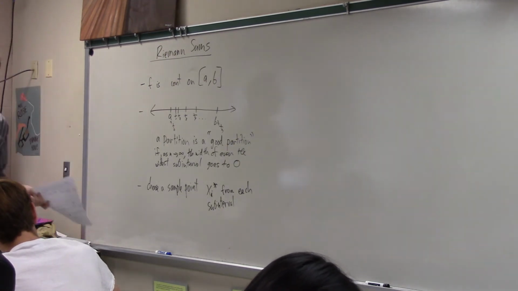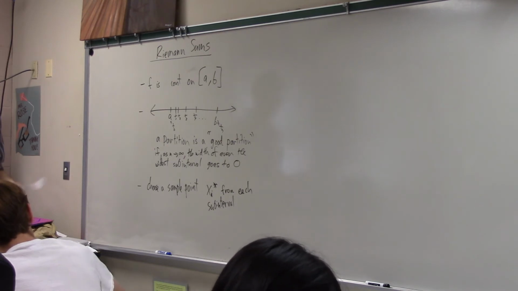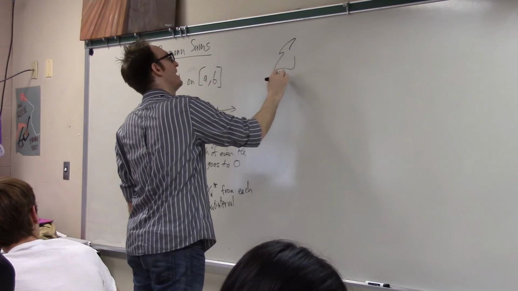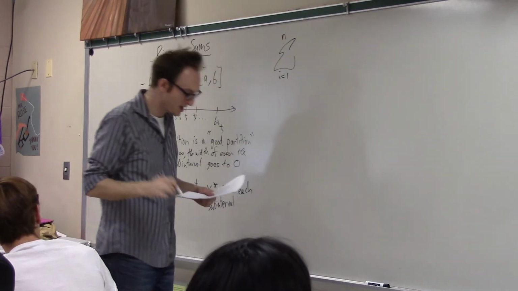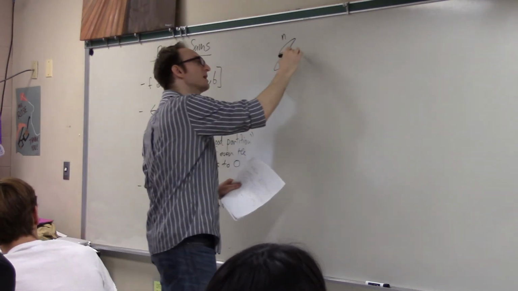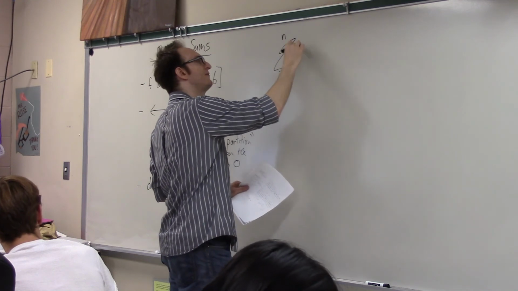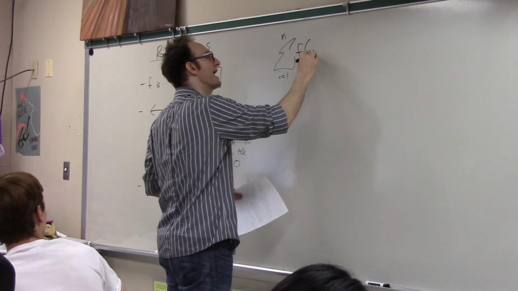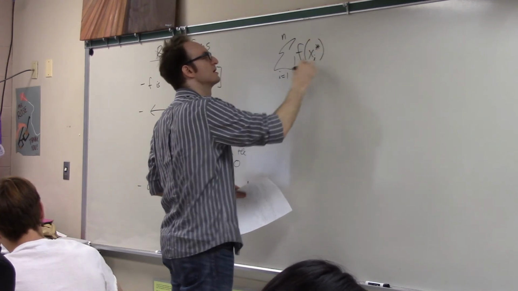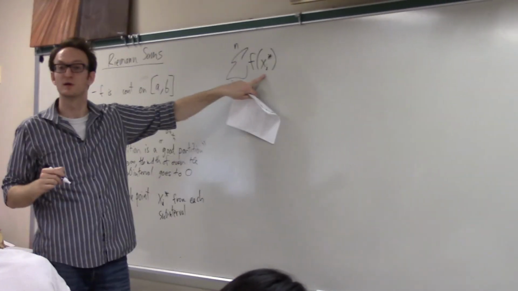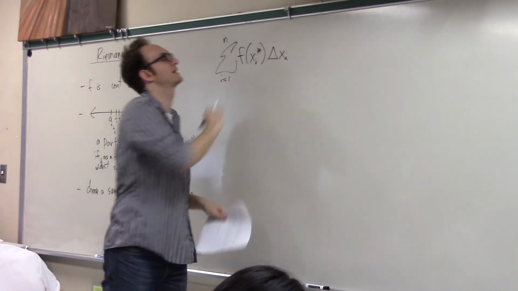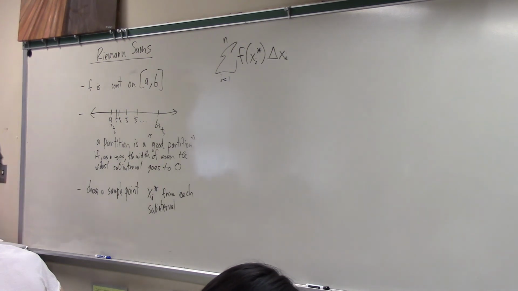A Riemann sum is the stuff that we've just been doing for the last 2 days. A Riemann sum is a sum from i equals 1 to n of a function evaluated at a sample point chosen from the ith subinterval times the width of the ith subinterval. This is called a Riemann sum.